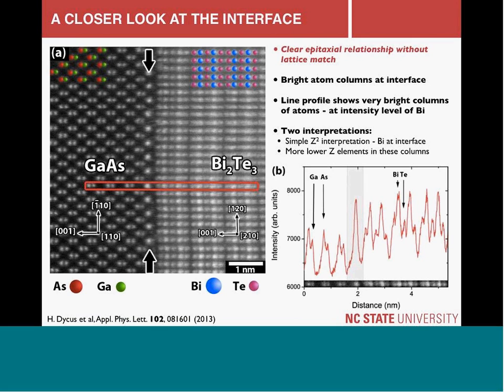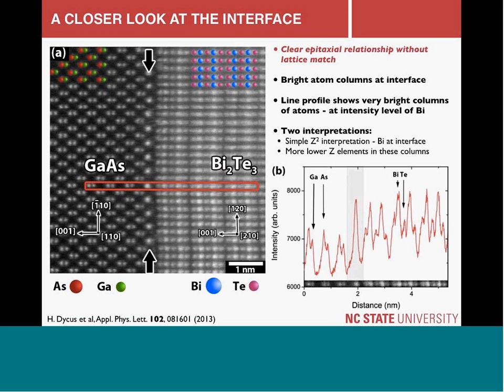Look at that interface. I already showed this, but let's take a closer look at what's going on here. So there's an epitaxy relationship. In this, it's the 1 of gallium arsenide to the 1,2O of the hexagonal telluride. All right, or in this case, given the way that's mapped out. But here, in the bismuth telluride at the interface, something interesting is going on.